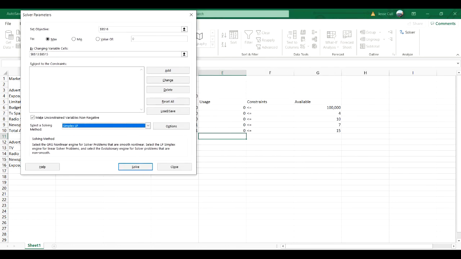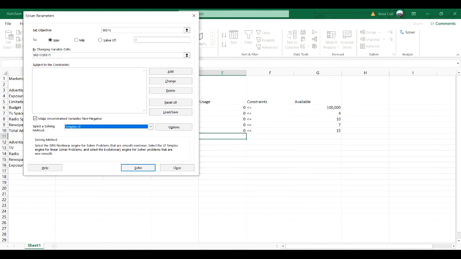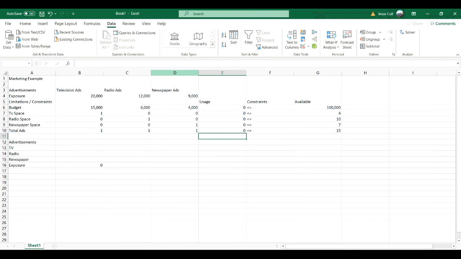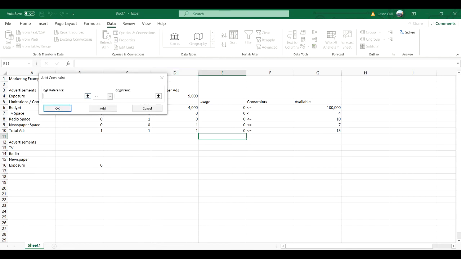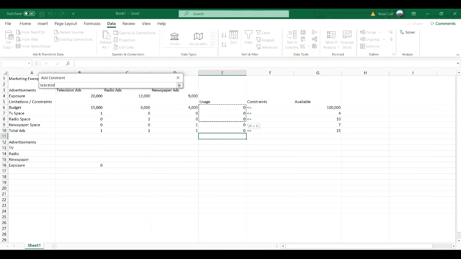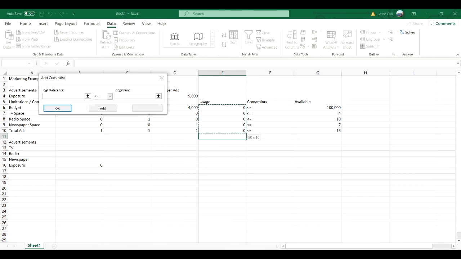We look here and we see that all constraints are less than or equal to. Because all are less than or equal to, we can take a shortcut here, something we haven't done before. But let's try that shortcut. Cell reference E6 to E10.